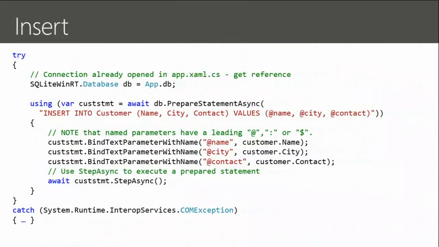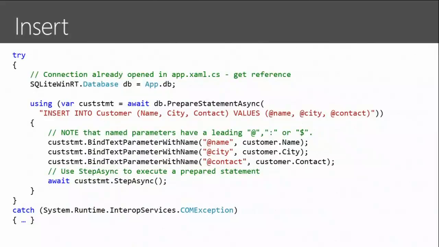You can use @name, @city, @contact, or in a couple of slides I'll show the other one, you can just put a question mark, and those are like anonymous parameters. But this way you're giving them a name, they're named parameters. Then you need to plug in the real values into that statement. So you've prepared it, and then you call methods like bind text parameter, or bind int parameter, or bind int64 parameter. There are different flavors of that with name, and then you just specify the name and plug in the value.